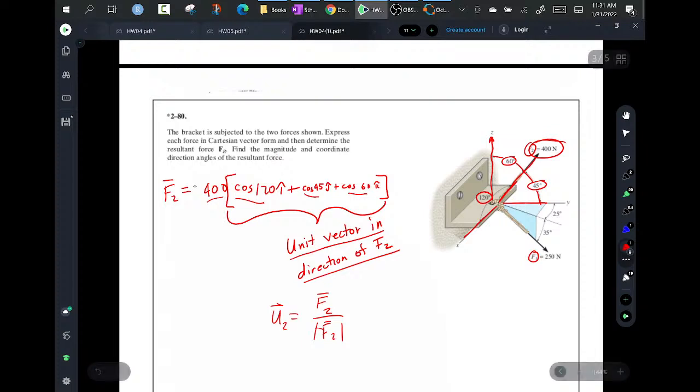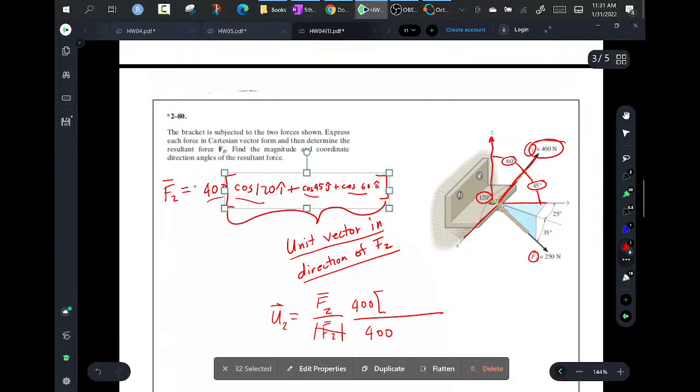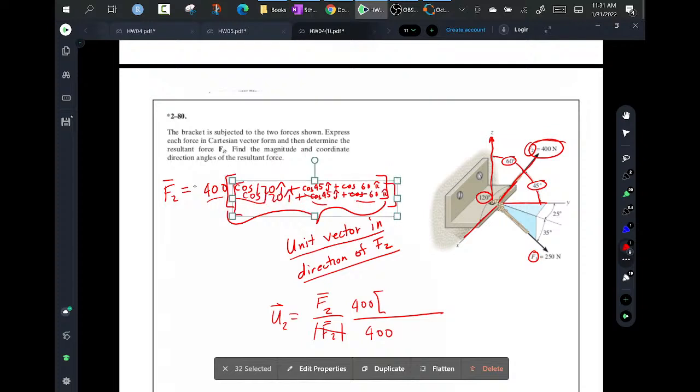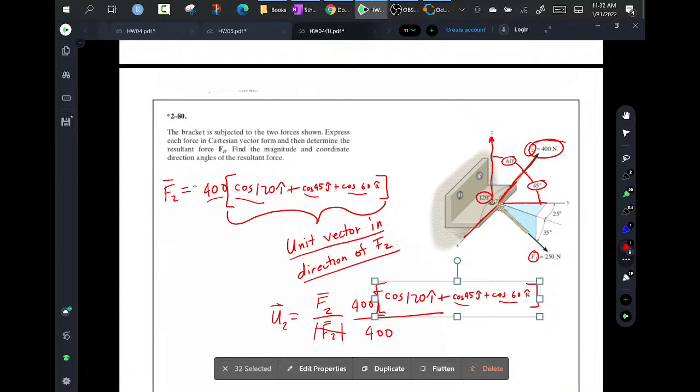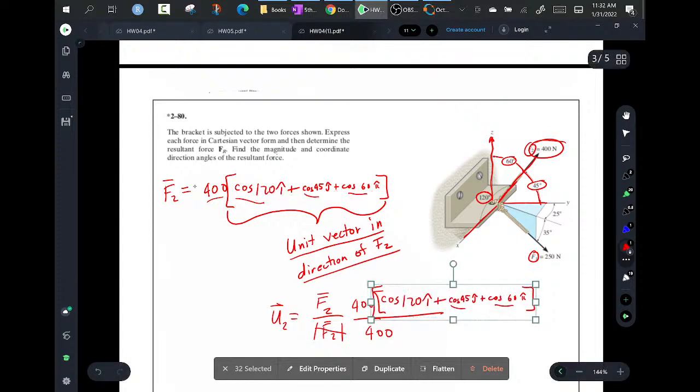Well, in this F2, that's 400. And now let's list this. This is 400 times all of this stuff. And here, I'll just do it like this. I don't know if this is going to work. Okay, it did kind of work.